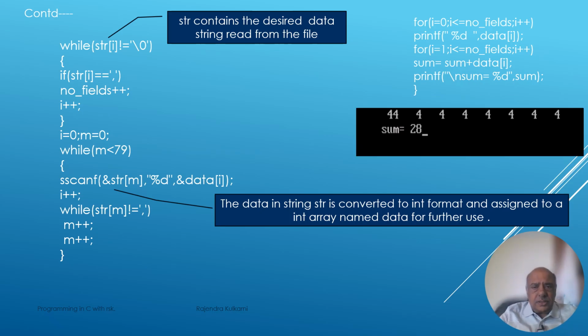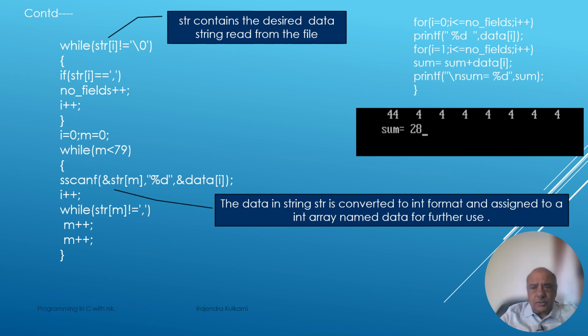We can see here that the array contained 44 as the first text before the comma, then 4, then comma, then 4, and in this way the whole line which was assigned to str has been converted into the respective format. In this case it is int.